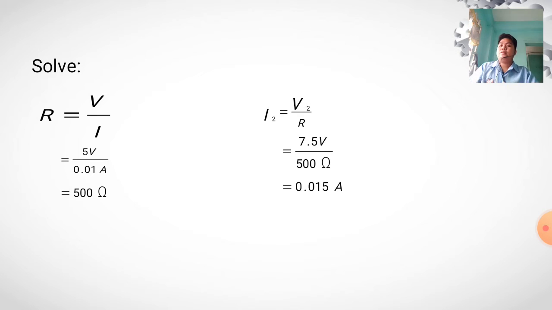The formula is I2 equals V2 over R, where V2 is 7.5, and we use the resistance that we got from solving the first. So we have 7.5 volts over 500 ohms, and it equals 0.015 ampere. Now we got the current if the voltage is 7.5 volts.